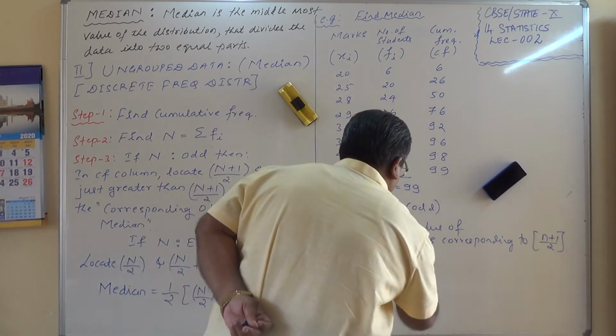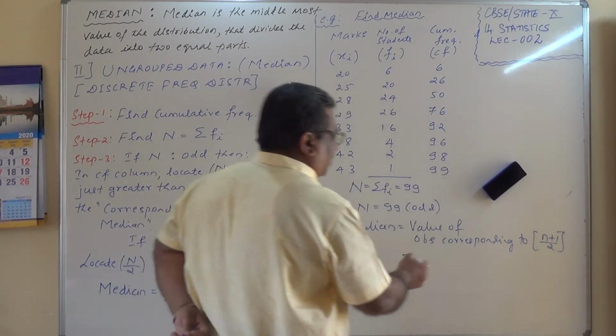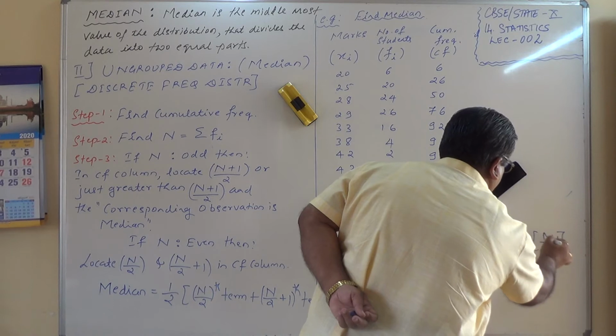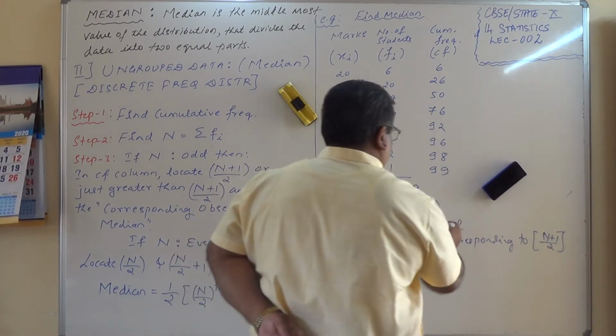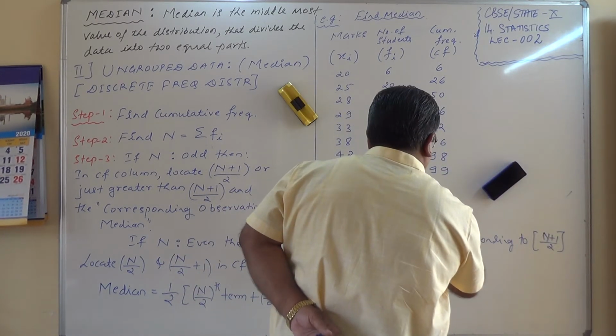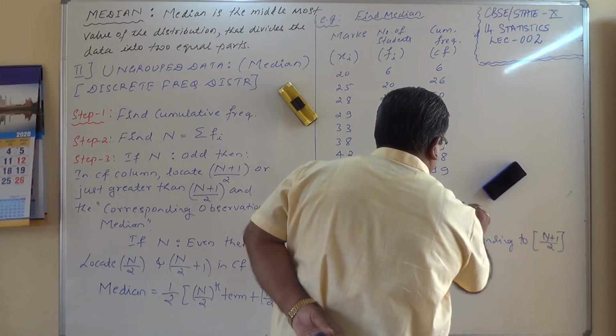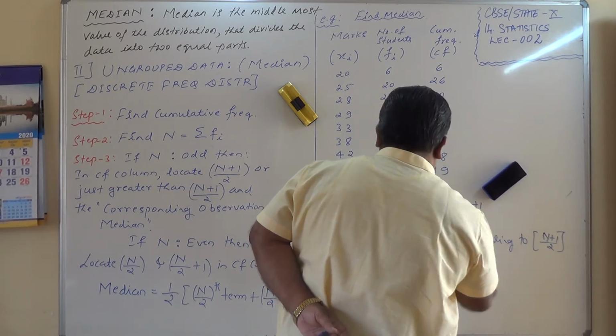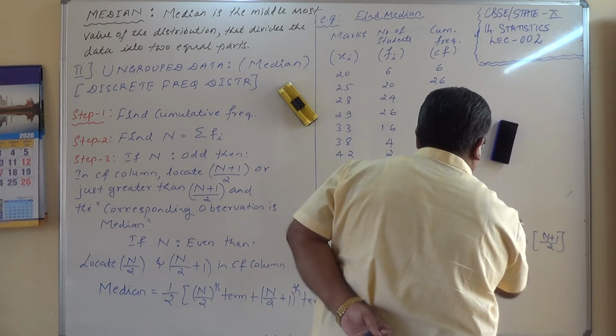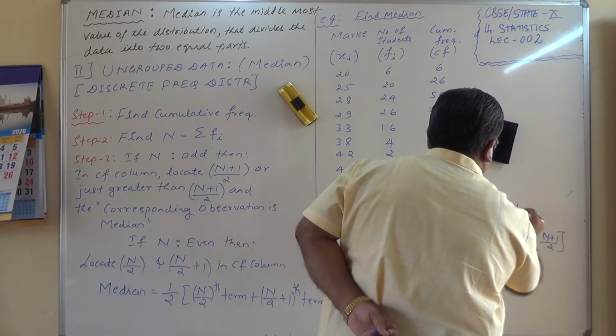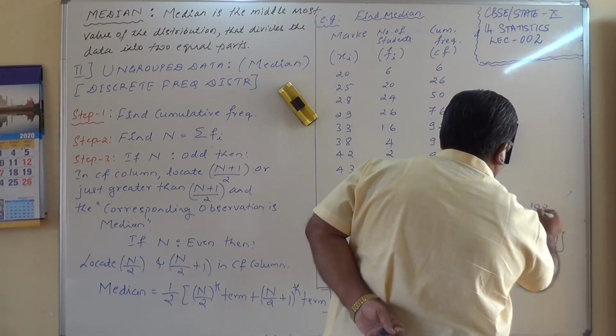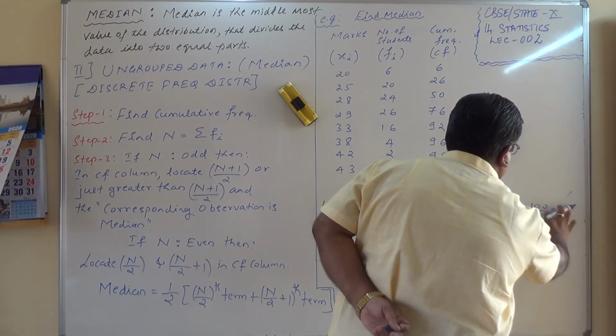What is (n plus 1) by 2 here? This is capital N. So here, N plus 1 by 2 is equal to 99 plus 1 by 2, which is 100 by 2, which is 50.